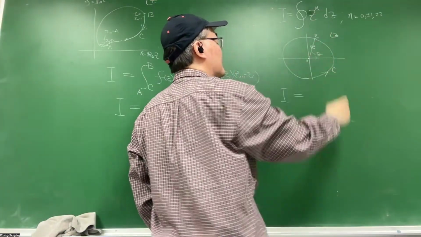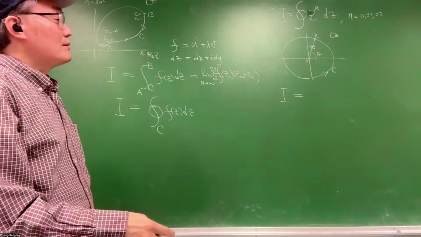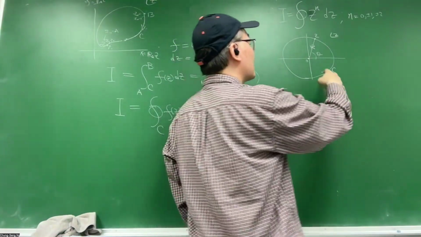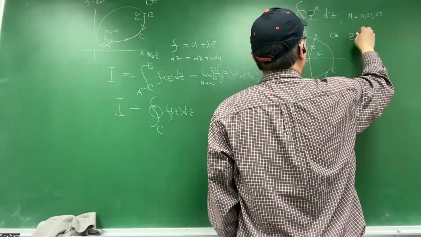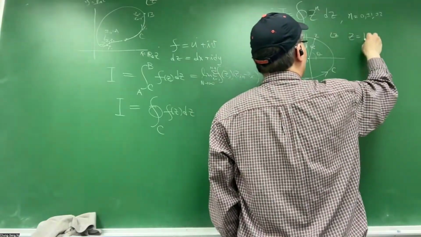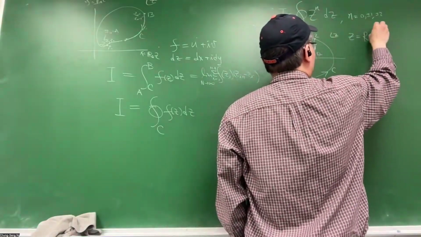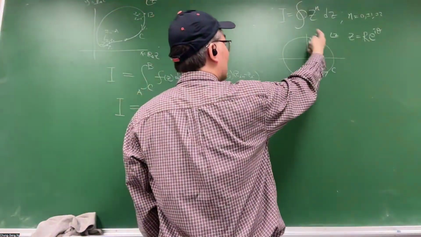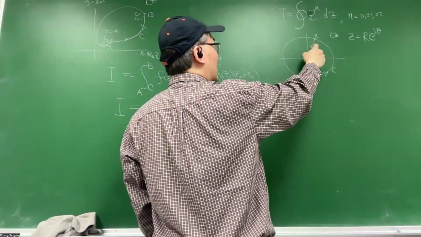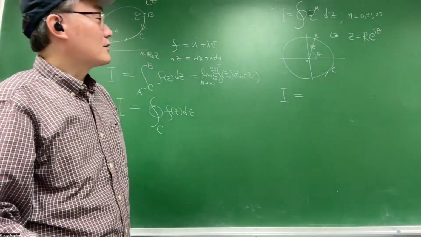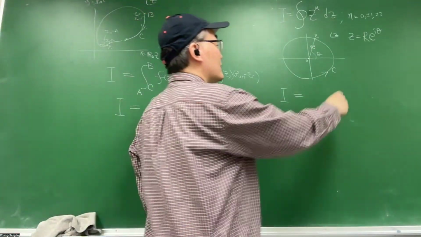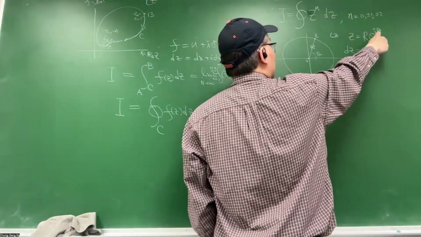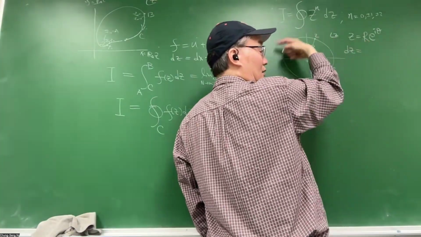We can choose this polar angle as a parameter in the integration. So z is obviously just capital R, the radius. And when we go through the circle, our radius is unchanged.